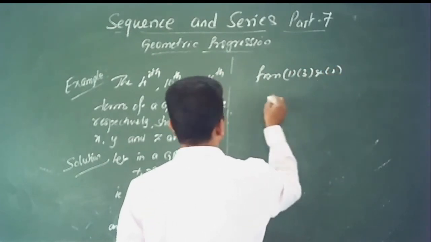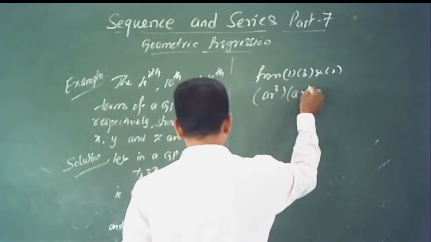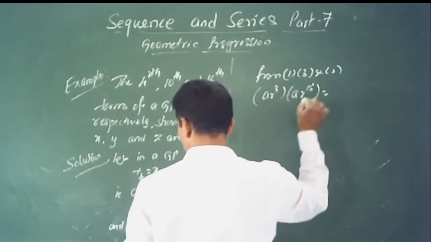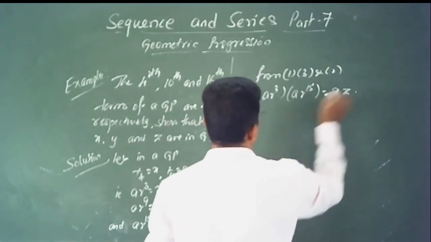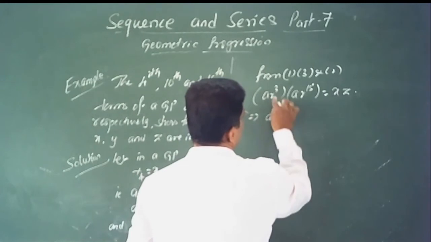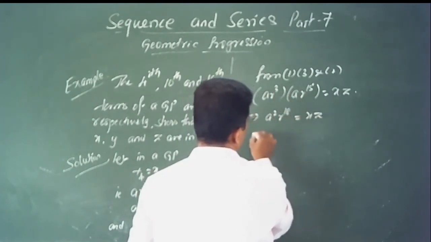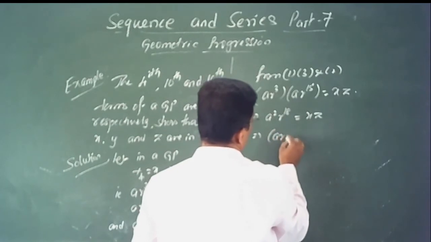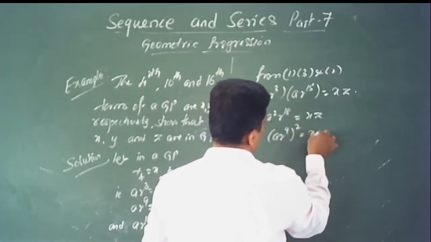The product A into r cube into A into r raised to 15, its value is equal to x into z. That is equal to A square into r raised to 3 plus 15, means 18, equal to xz. It means A into r raised to 9 whole square is equal to x into z.